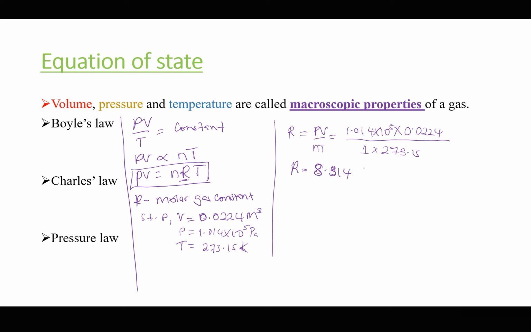8.314 joules per Kelvin per mole. Of course, this will always be given in the list of constants. The molar gas constant or the universal gas constant is given as R equals 8.314 joules per Kelvin per mole.